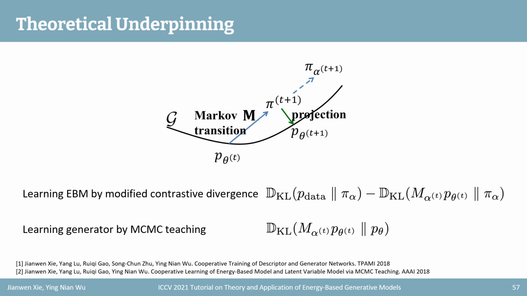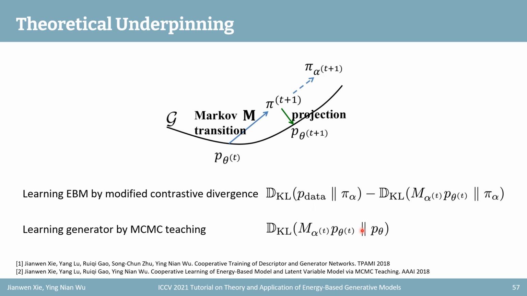The theoretical underpinning of this learning algorithm is as follows. The learning of the EBM follows a modified contrastive divergence. We know that in contrastive divergence, you run a finite step of MCMC from observed examples.